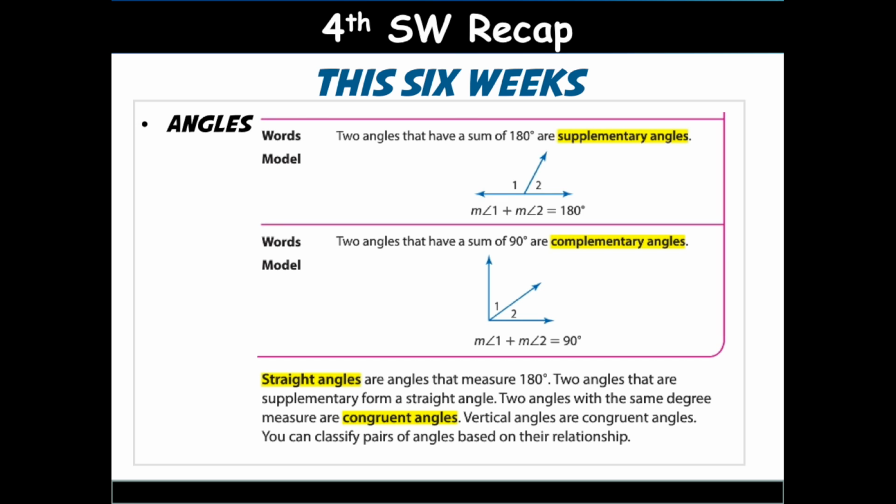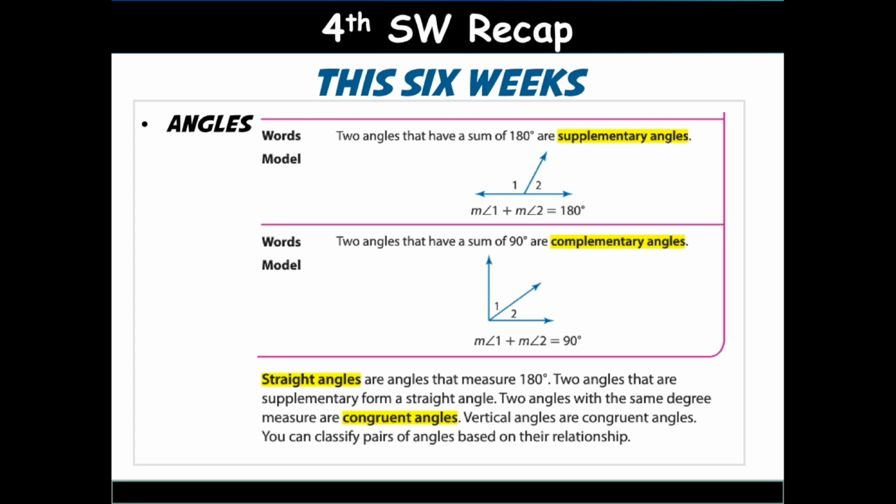We also had supplementary and complementary angles. With supplementary, what you have to think about is, think of it kind of like supplements. Like when a bodybuilder takes supplements, vitamins, it makes you stronger. In this case, think of it as a couple of angles taking their vitamins, getting nice and big into a 180-degree angle. So when you add them up, it's a 180.